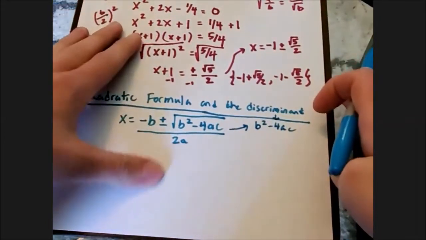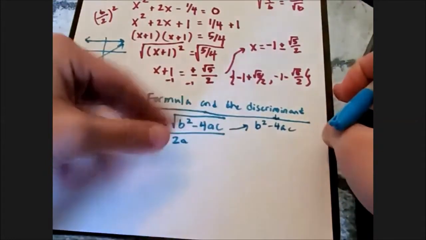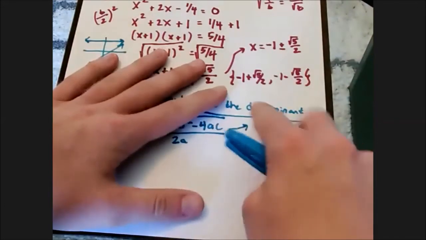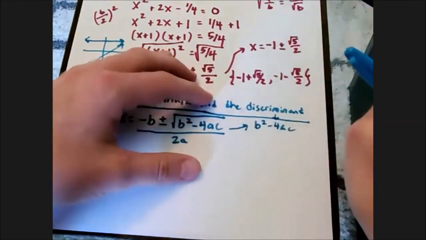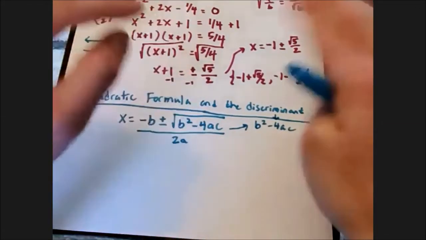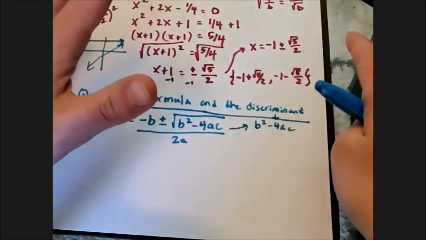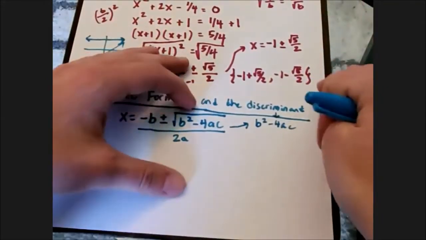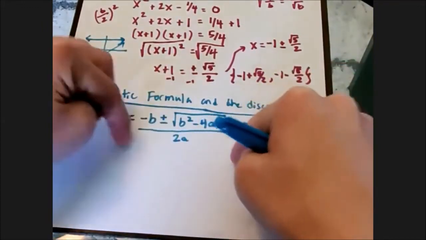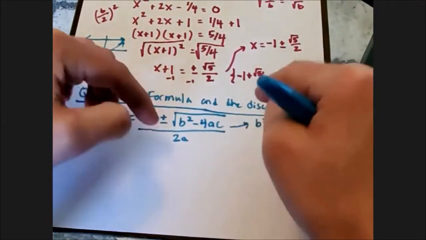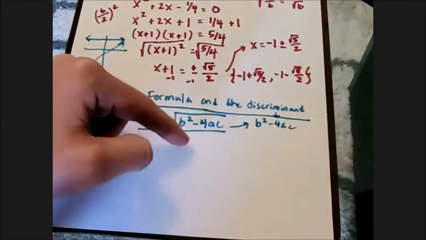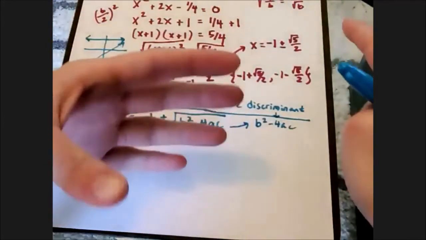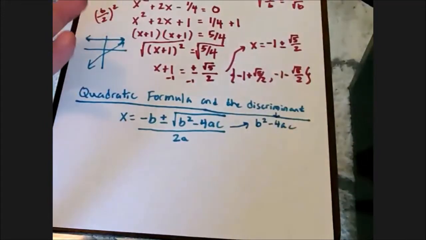And aside from the quadratic formula solving quadratics for you, the discriminant will tell you what your solutions look like before even doing the problem, which is useful because some of these questions, instead of asking you what the solutions are, may ask you what type of solutions you have, meaning are they real or are they complex? Also, it tells you how many you're going to have.